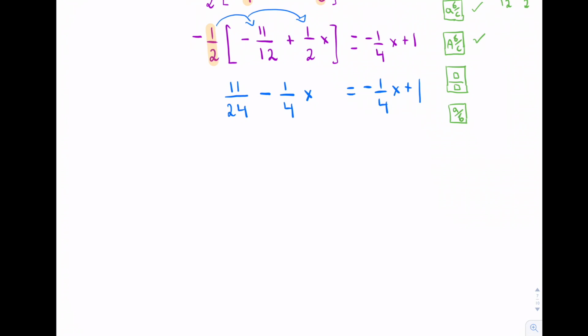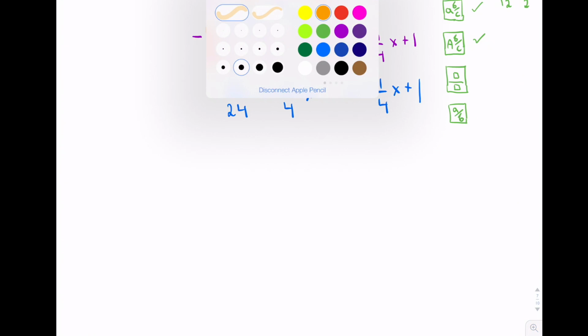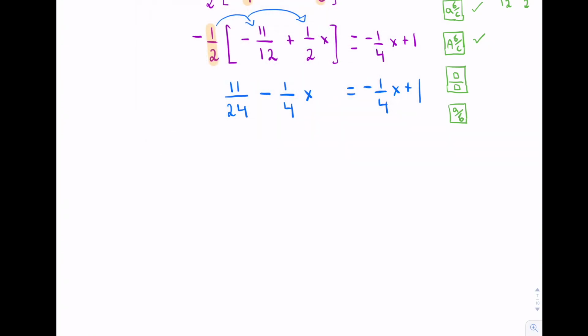And now we can rearrange. If you notice, I have a term with x and a term with x on the right-hand side, so I'll try to bring those two together.